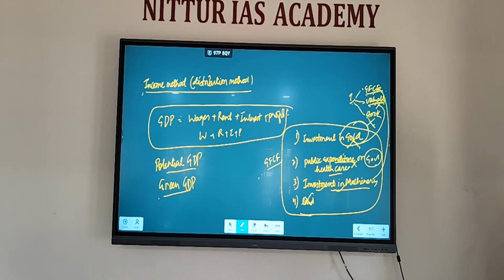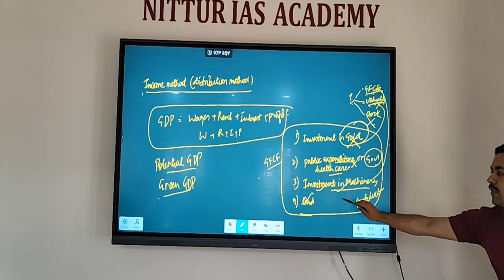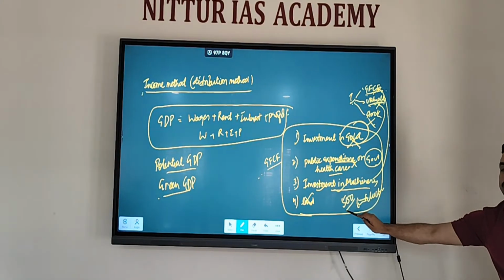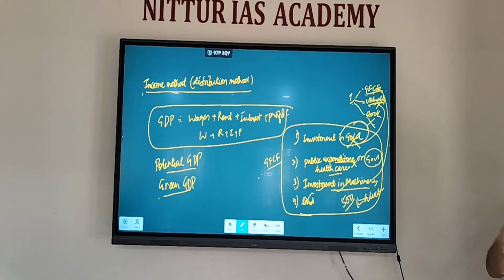For example, if electricity is available 24 hours, industry can function 24 hours. If industries are functioning 24 hours, they are producing goods worth 500 units.